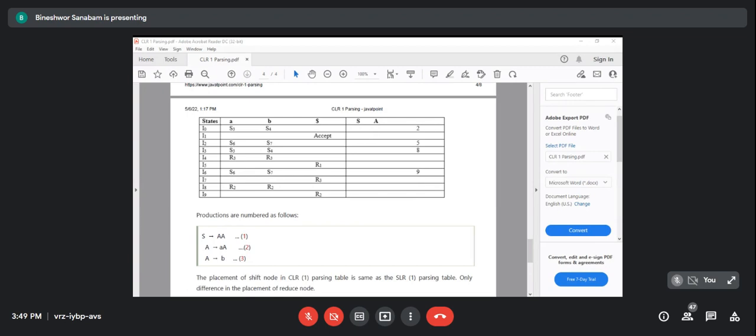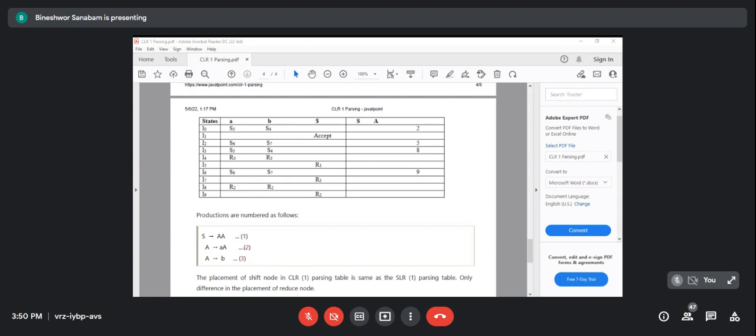I'm not exactly sure, sir, how to do it. What I'm trying to say is we're creating another parsing table, the LALR1 parsing table. We can derive it from this CLR1 parsing table. So we're going to replace all those numbers, as I mentioned before.